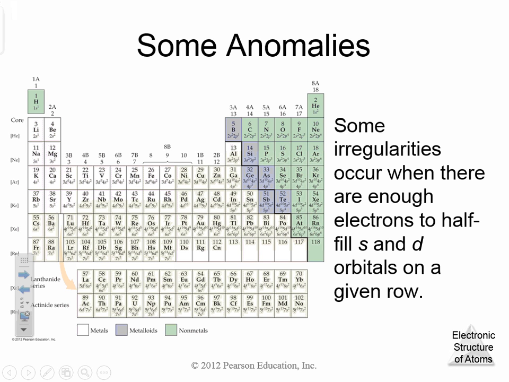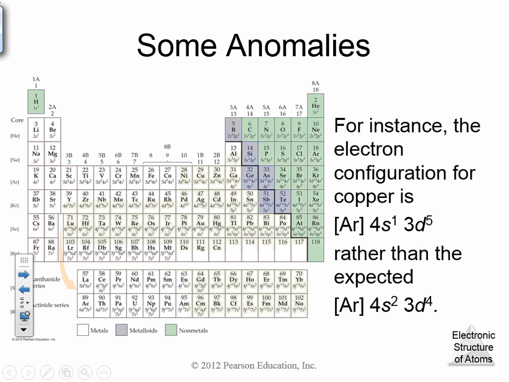So if you're looking here, where do we get anomalies? Well, that happens right here. For instance, the actual electron configuration for copper is 4s1 3d5 instead of the expected 4s2 3d4. Now, why does that happen?